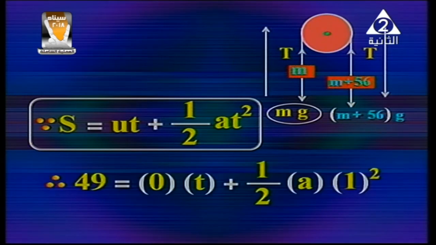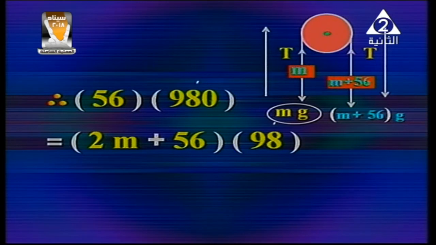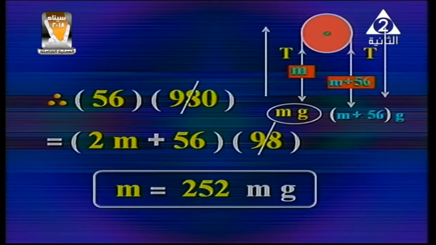By substitution, s equals 49 and initial velocity equals 0, to find the value of the acceleration a, which is 98. Then by substitution, 56 multiplied by 980 equals (2m plus 56) times 98. Then the value of m equals 252 gram.